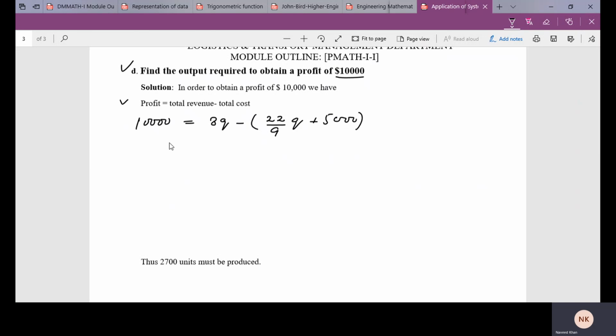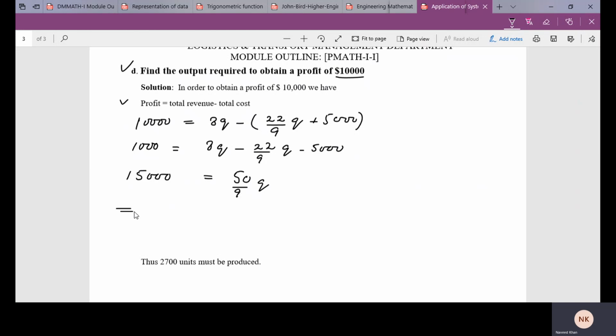So it will become 10,000 equals 8Q minus 22 by 9Q minus 5,000. This 5,000 will move to the other side and add with 10,000, so the answer will become 15,000, and here the answer will become 50 by 9Q.